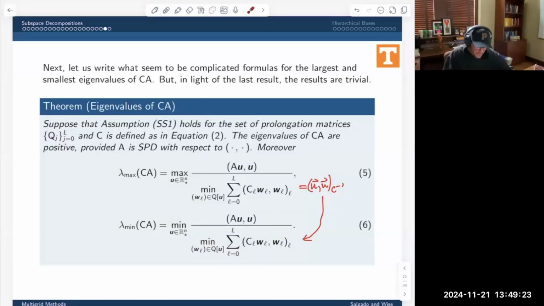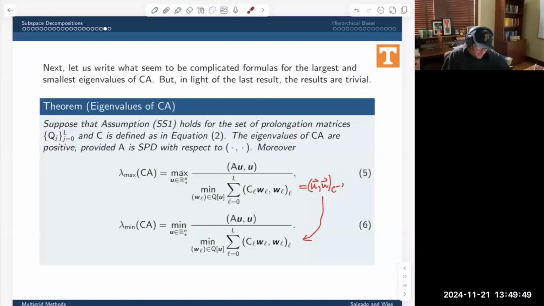Suppose that assumption SS1 holds, or in other words, the set of prolongation matrices form or support a subspace decomposition for Rn. Suppose that C is a preconditioner matrix with respect to that, then the eigenvalues of CA are positive, great, provided A is SPD with respect to this inner product.